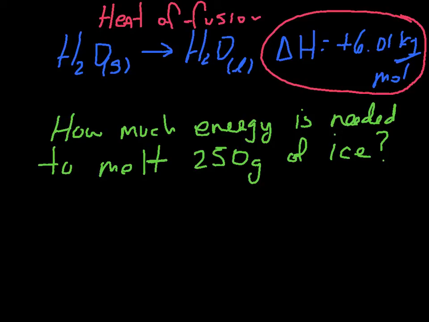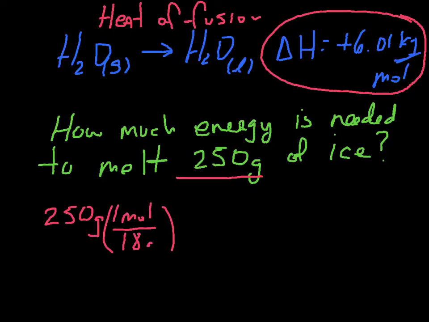So now, all I need to do is convert those 250 grams into moles. The way I would do that is I'd say 250 grams times 1 mole of water weighs 18 grams, times the fact that I have 6.01 kilojoules of energy required to melt every 1 mole of ice.